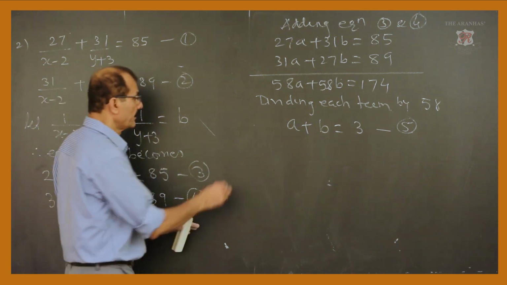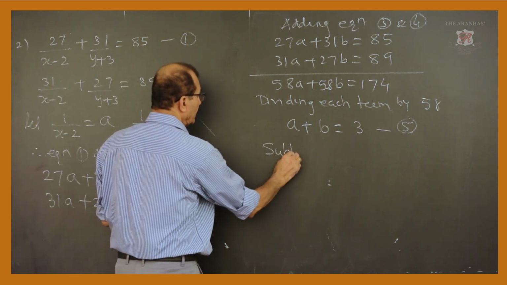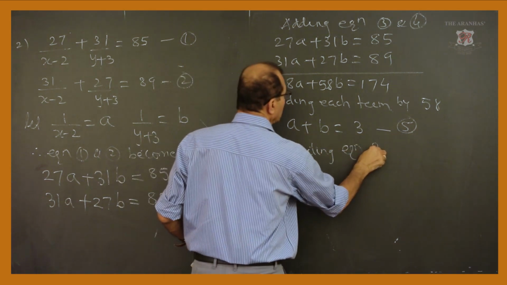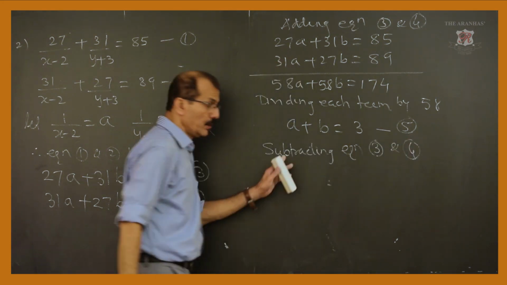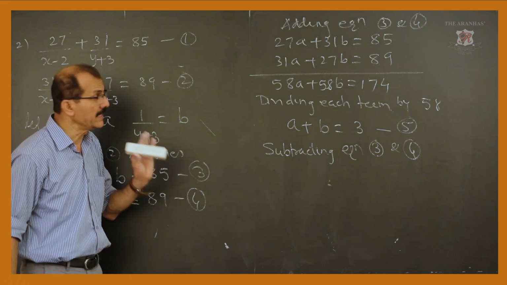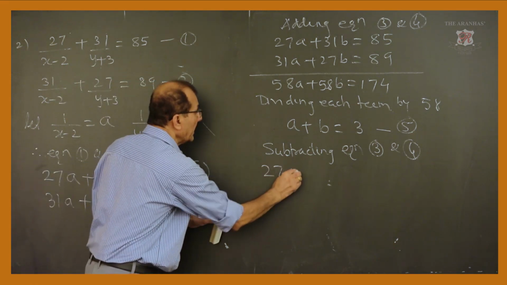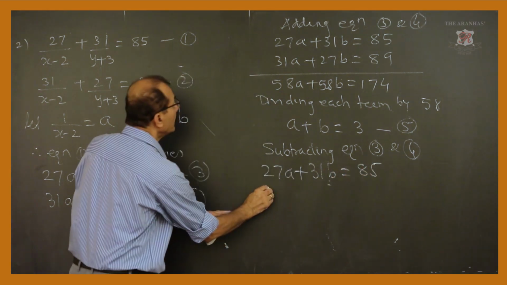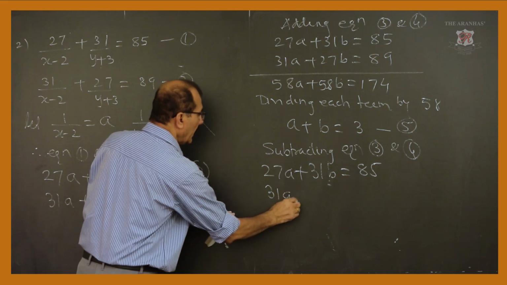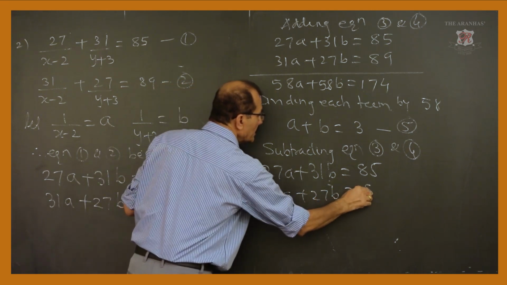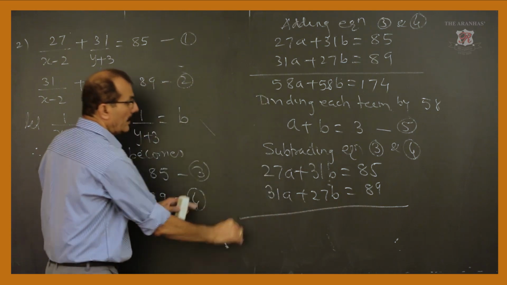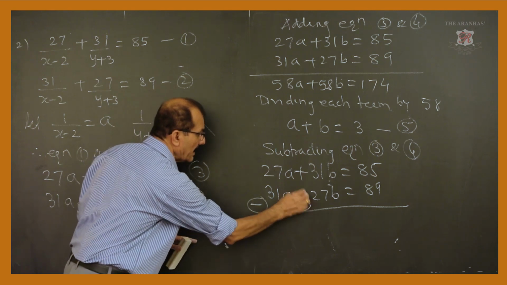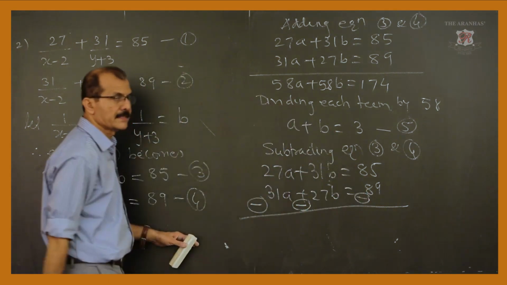Now, we will subtract equations 3 and 4. Now, you have to be careful here. Subtraction means sign changes. So, 27a plus 31b is equals to 85, 31a plus 27b is equals to 89. Now, subtraction means sign changes. This becomes minus, this becomes minus, this becomes minus.